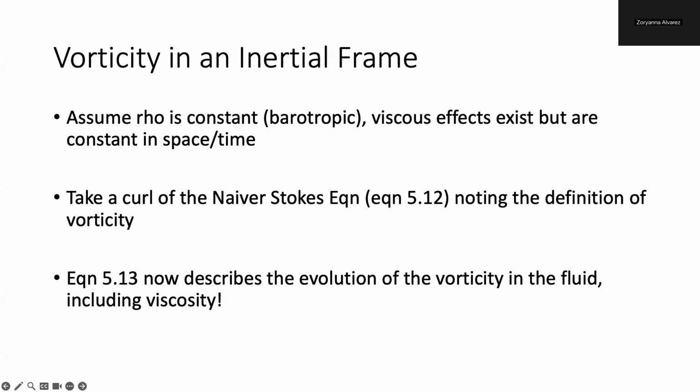And then I just take the gradient of it and I get the force, right? So as long as G is conservative, as long as the body forces are conservative, then this one's gone. And this is the power of the vorticity.